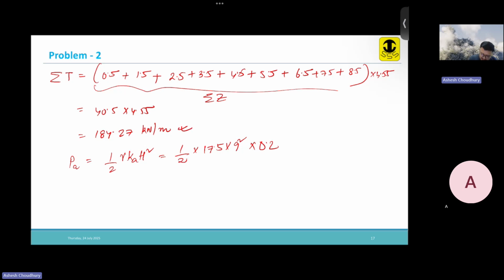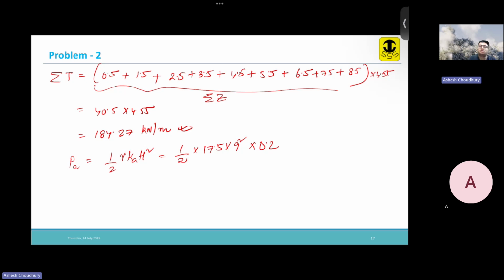So this is the total load that is coming on all the reinforcements together. All the reinforcements together are taking this much amount of load, right? 184.27 kilonewton per meter. This much load is taken by all the reinforcements together.